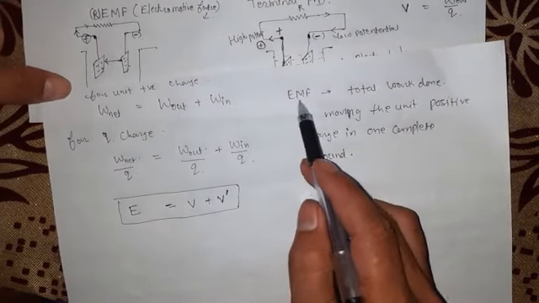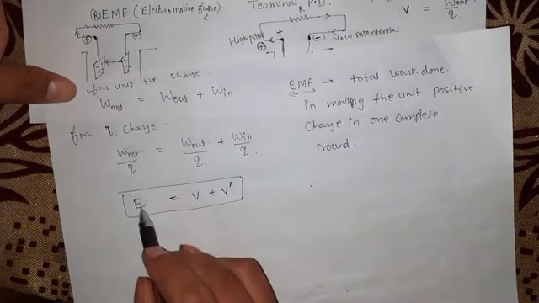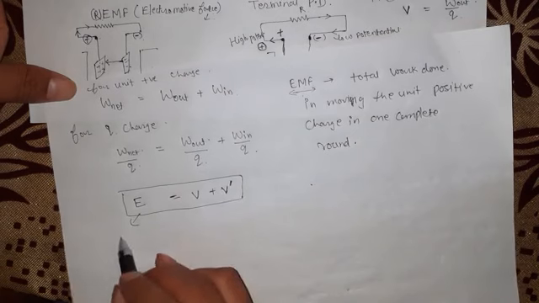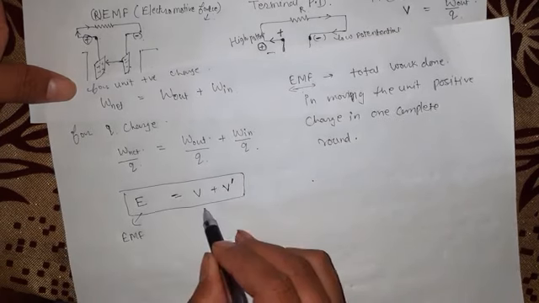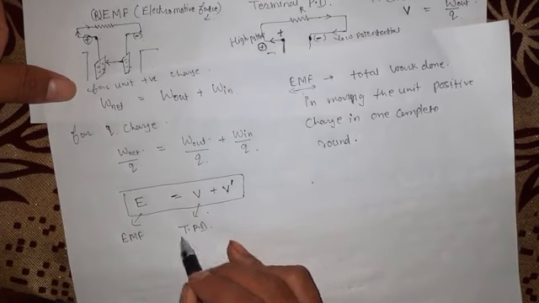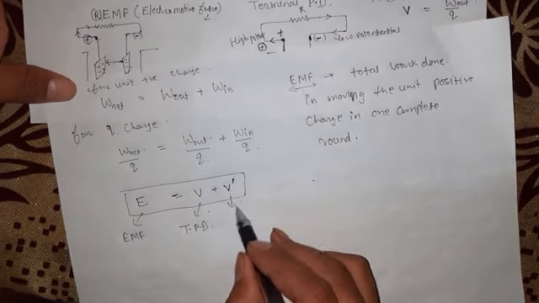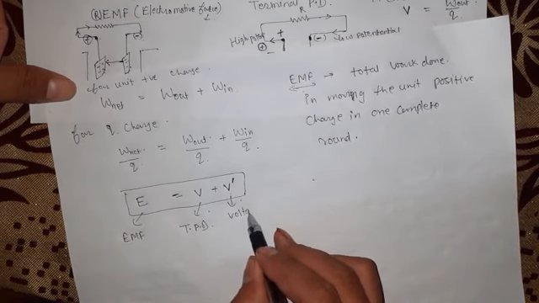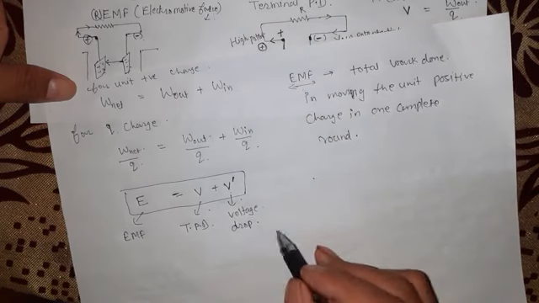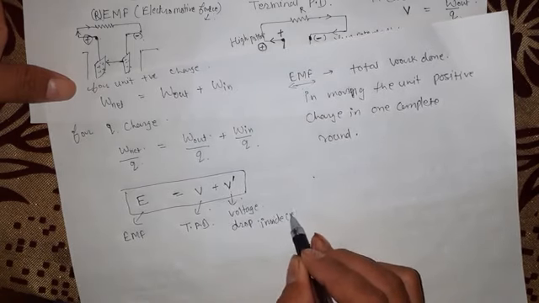This is said to be EMF. Thus E is equal to V plus V dash. Here E is the EMF of the cell, V is the terminal potential difference, and V dash is the voltage drop inside the cell.